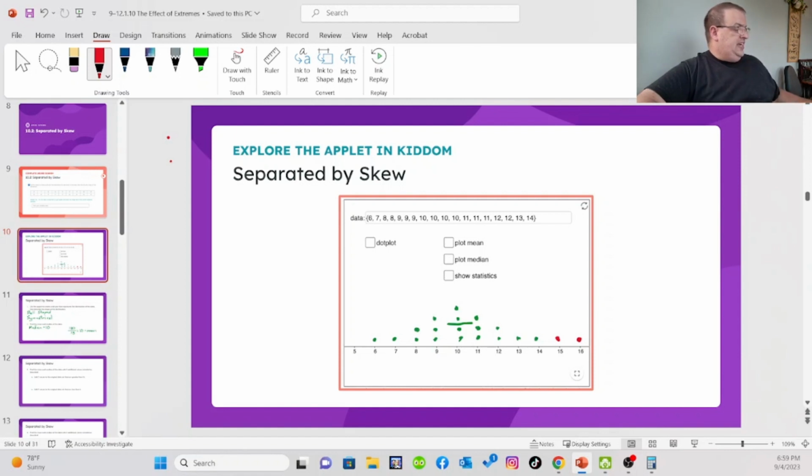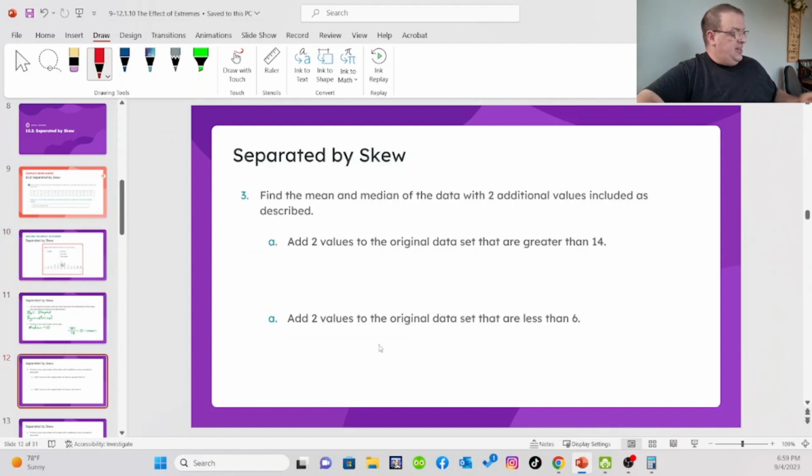We'll say 15 and 16. Now I have two extra points on this side, so I have 11 to the right and I only have 9 to the left. So I'm going to need to move my median to right here. Now I have 10 dots to the left, I have 10 dots to the right, but my median is still 10.